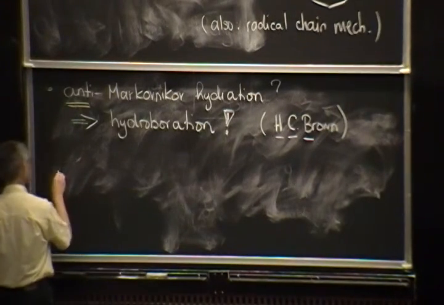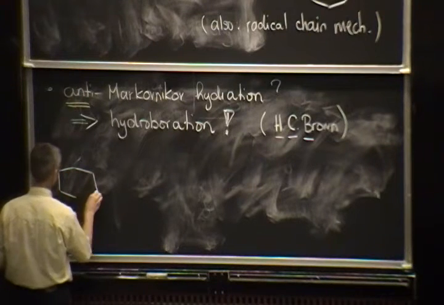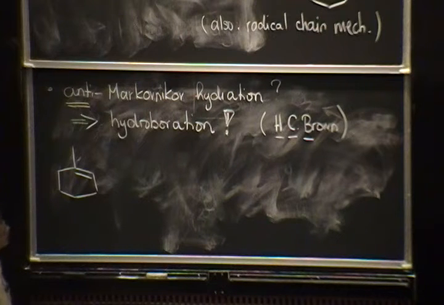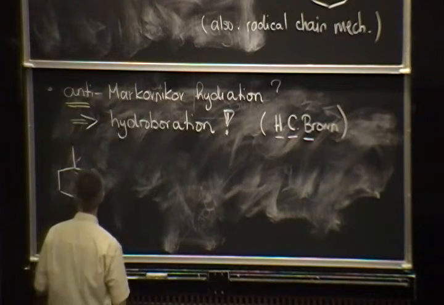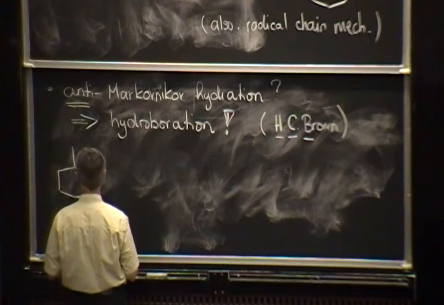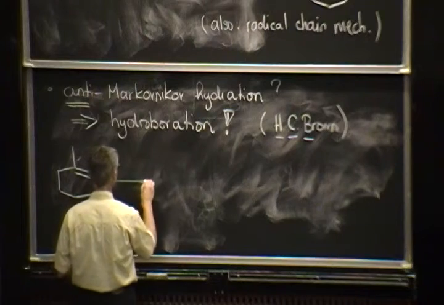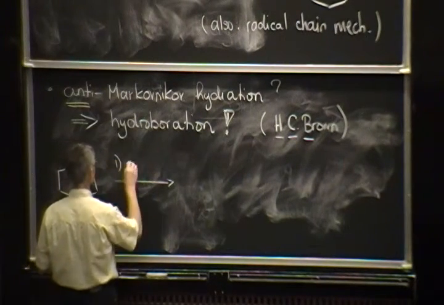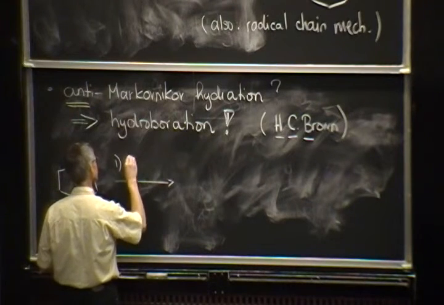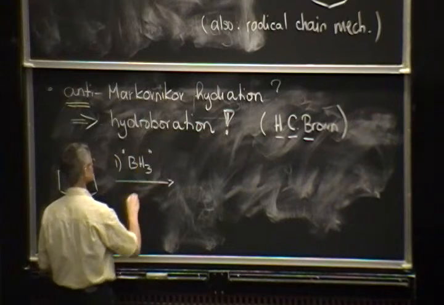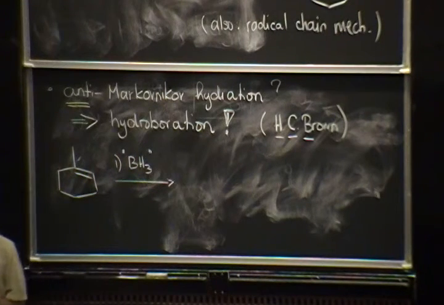Okay, hydroboration. Let's look at the product again, the sequence. By now, since we've used this quite a bit, let's use our methylcyclohexene, and you can compare different products this way. It's very linear, but of course it applies to a whole bunch of different alkenes. So if you do a hydroboration here, we will have to use borane, and let me at this point just use borane as BH3, in quotation marks, because BH3 really doesn't exist.